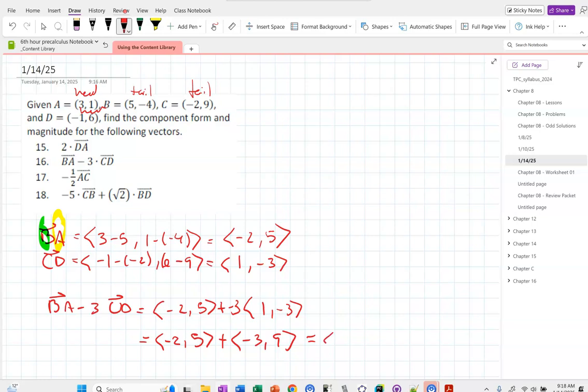And then if we add these, we got that. So that's the component form.